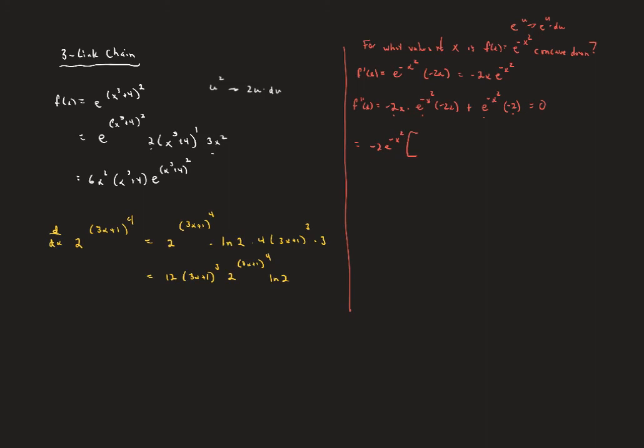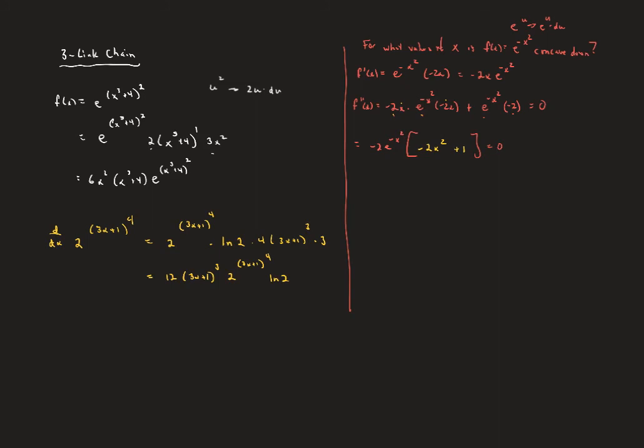Here in the first term, we took out the negative 2, we took out the e to the negative x squared. We still have the x times the negative 2x, so I believe that's going to be a negative 2x squared. And then everything came out here, so we have left only the plus 1, and that's still equal to 0.